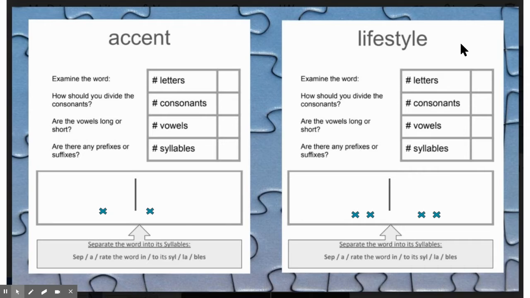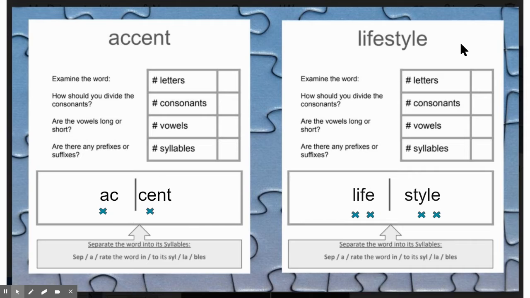So in the first word, if you had time to look at it, it's accent, right? Like I have a weird accent, or you might have a southern accent.